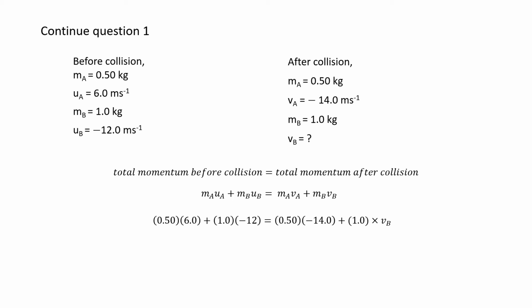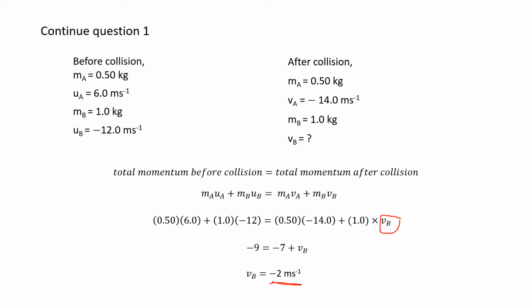Here we want to find the final velocity of object B after collision. You simplify the numbers and the final answer is negative 2 meter per second. So this is the answer for question 1.